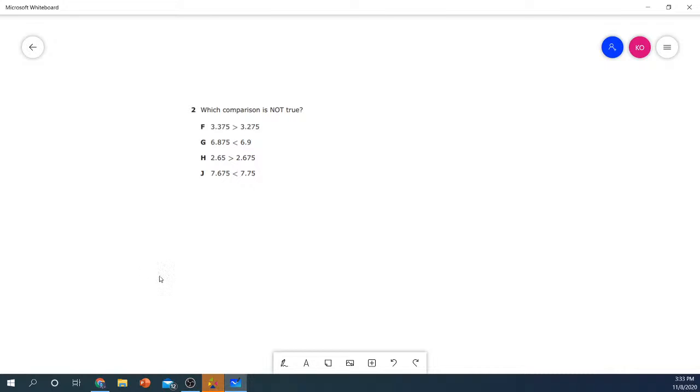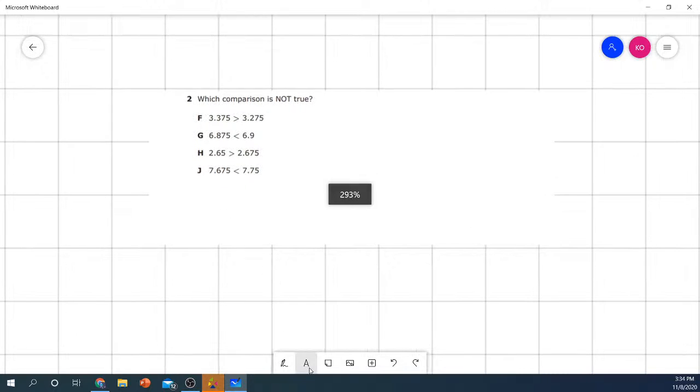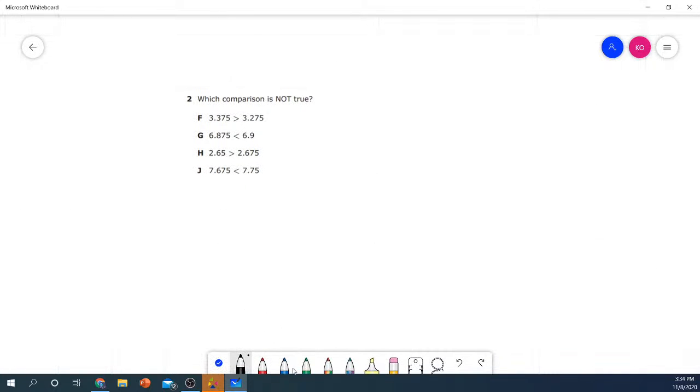So with that being said, let's start with number 2. The first thing you should do on every STAR problem is to look at the question and highlight any key information. Number 2: which comparison is not true?